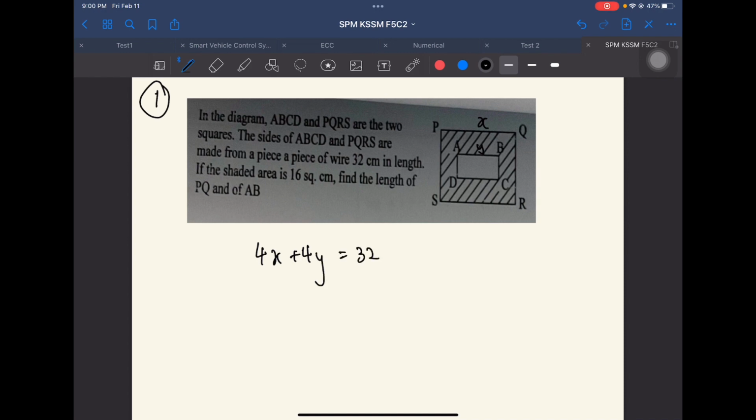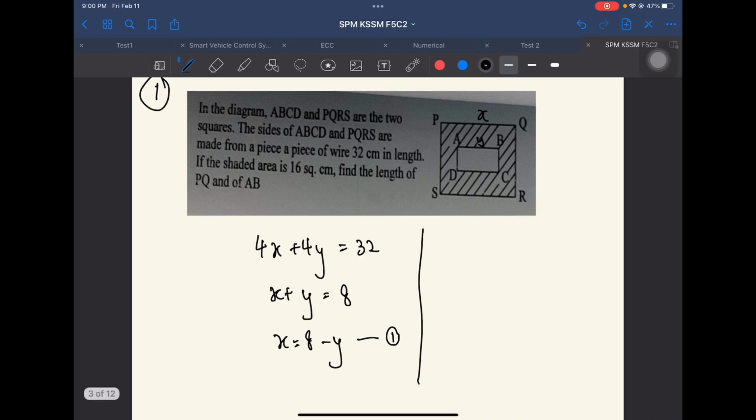Okay, so from here we got x plus y equals to 8. So x equals 8 minus y. First equation.